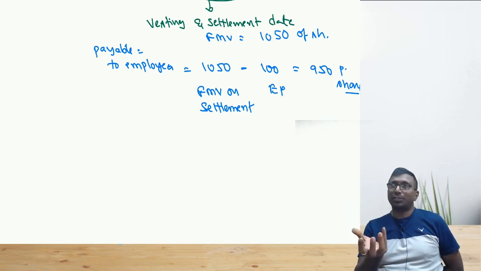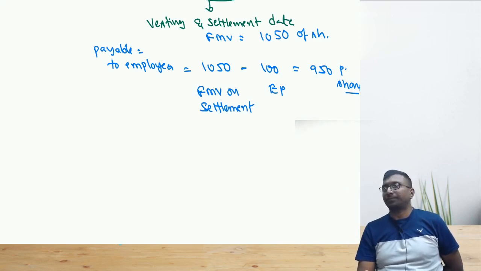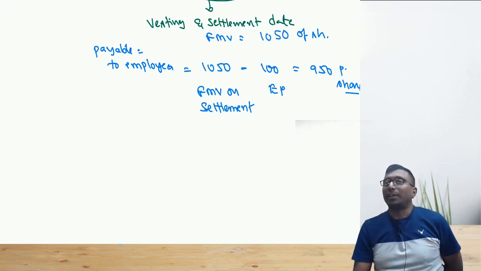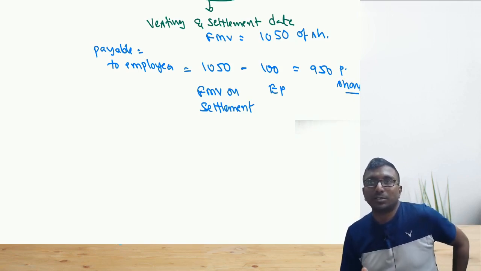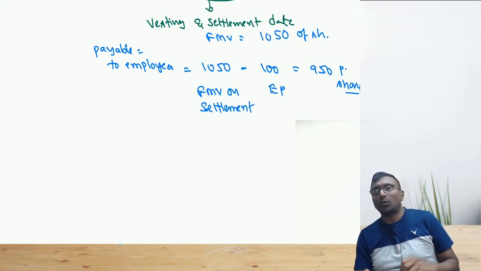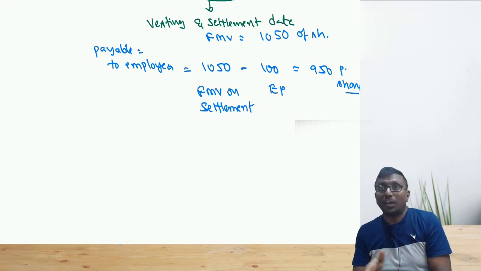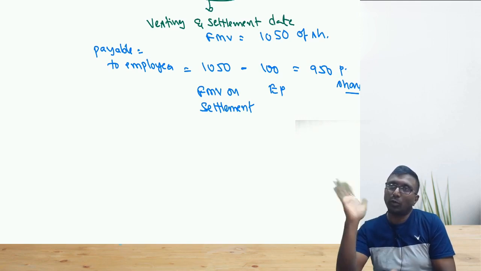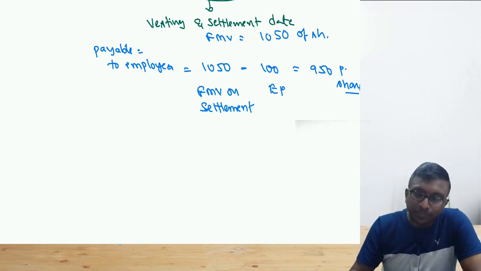If the share value appreciates over and above the exercise price, it will be paid in cash. Whatever it has gone up over and above 100, you are entitled to that money, given in cash.